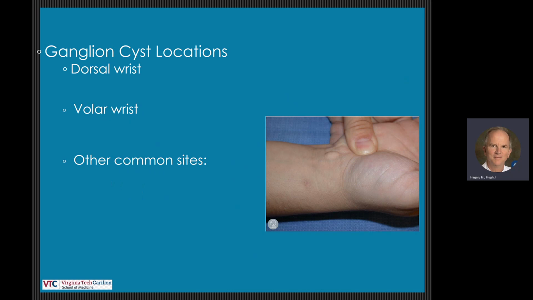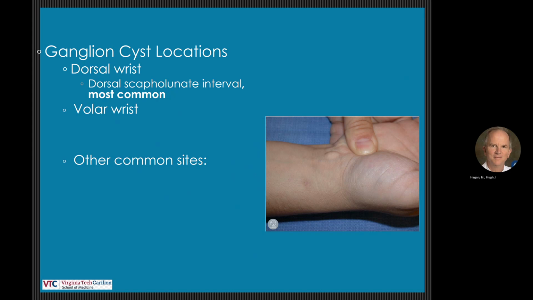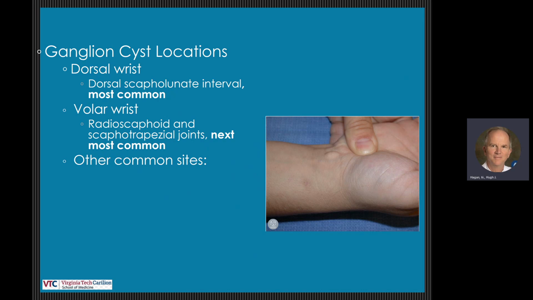Ganglion cysts can be located on the dorsal wrist, most commonly at the scapholunate interval, and on the volar wrist at the radioscaphoid and scaphotrapezial joints, which are the next most common.